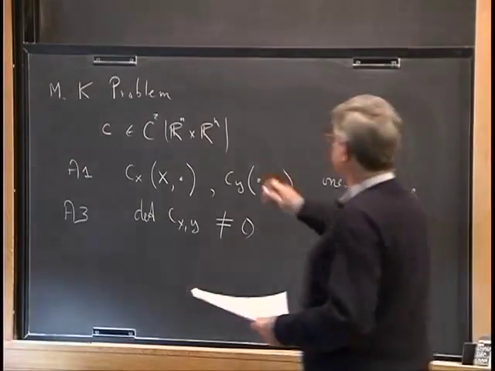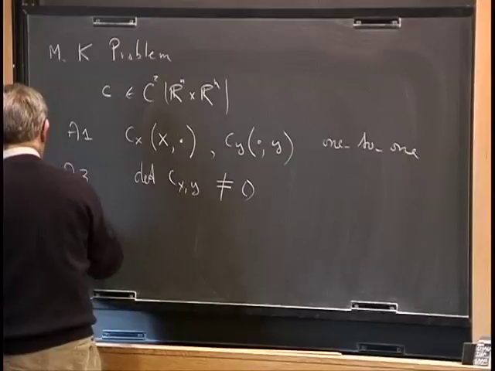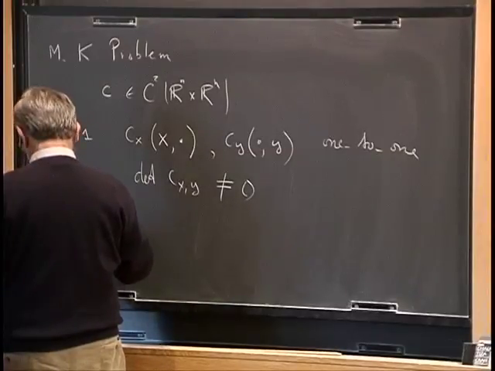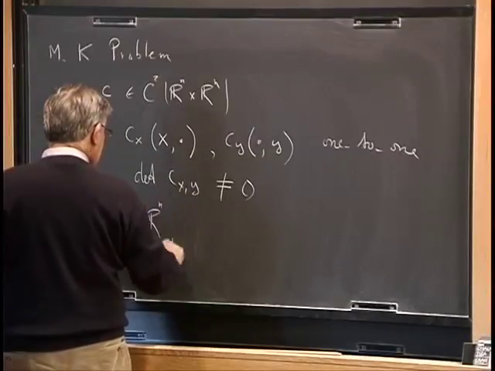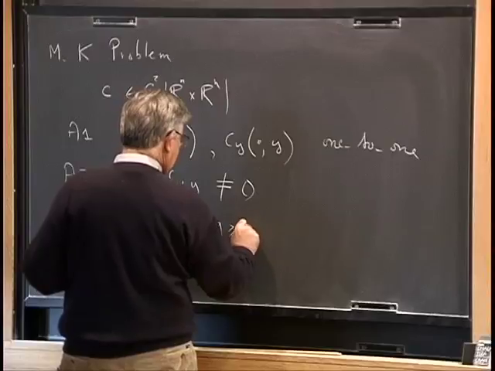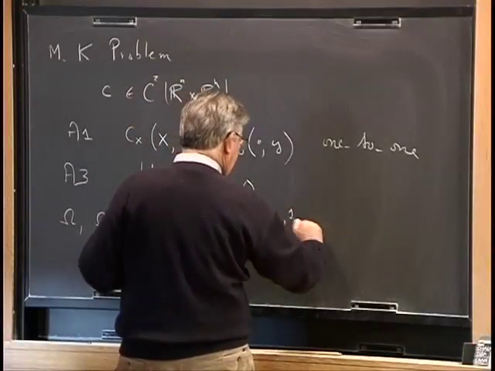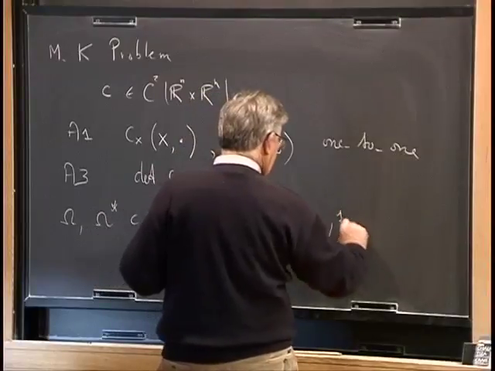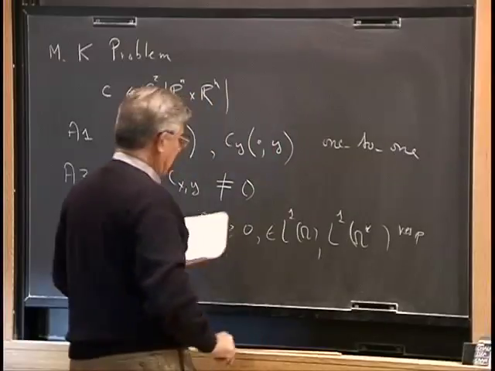And remember that this problem was given two, I'll simplify things a little now, given omega and omega star in Rn and mass balance. So we're given two functions f and g, non-negative in L1 of omega, L1 of omega star respectively, but let me just take them to be positive now.